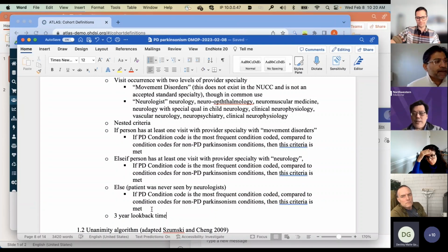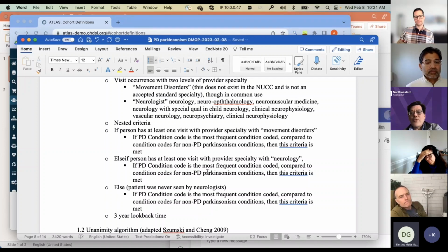Yeah, it's patient, person oriented, because the patient may see multiple movement disorders people or multiple neurologists, and they will disagree on the diagnosis. And this was the attempt to find the consensus among each tier of specialty.